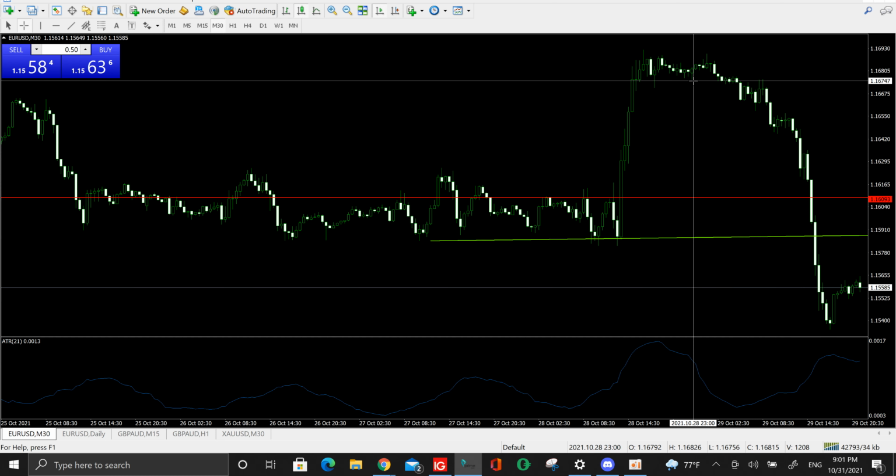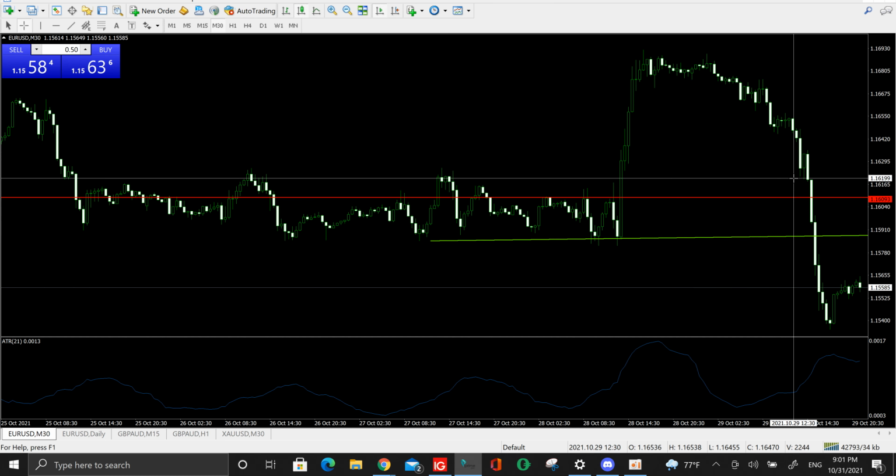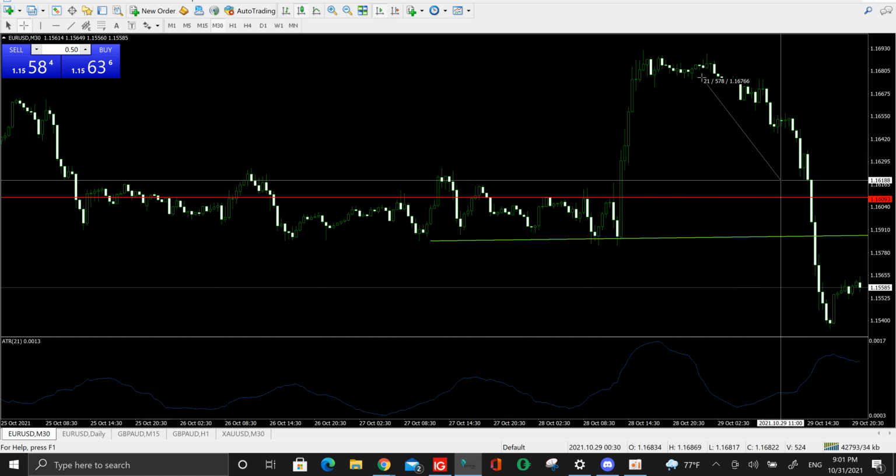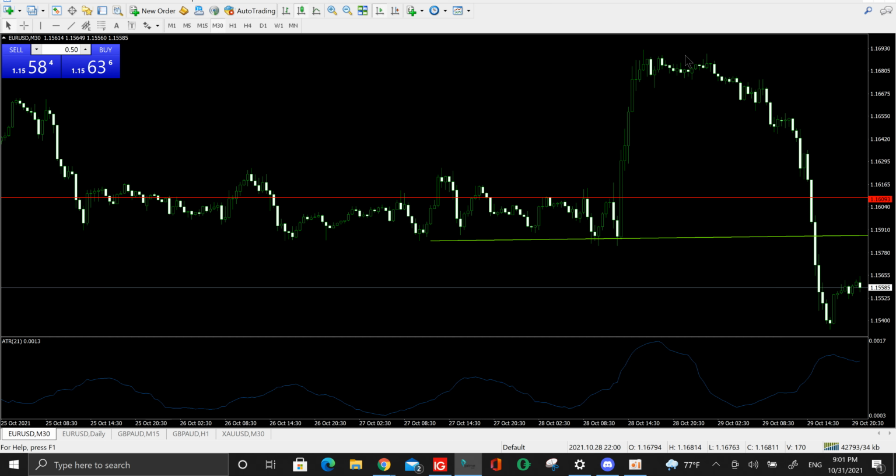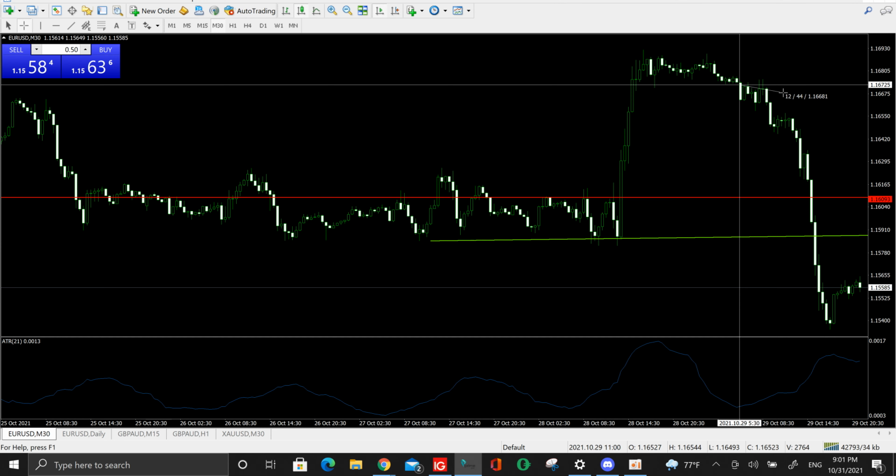But if you are going to sell in this region, just know that you have to have a wider stop. I would put my stop about 70 pips. 1.168 is the stop out if I were to go. Possibly have a stop loss at 1.167 as well, and yeah, you guys can see where that is.